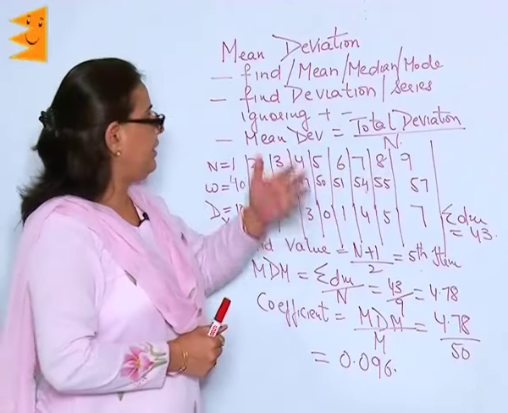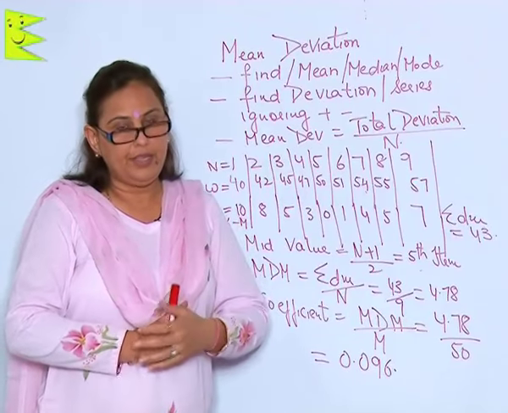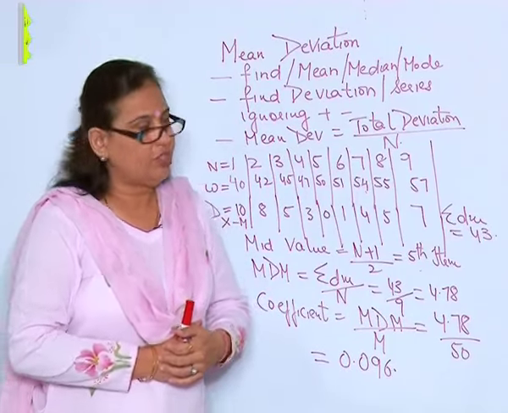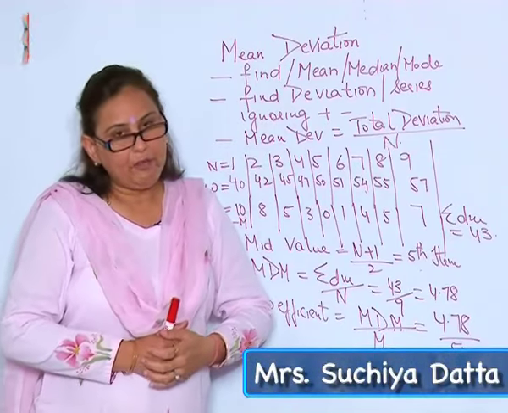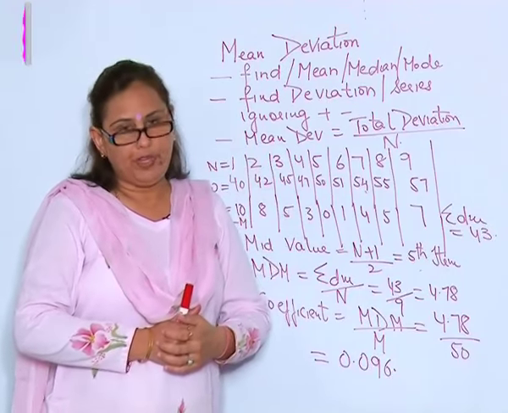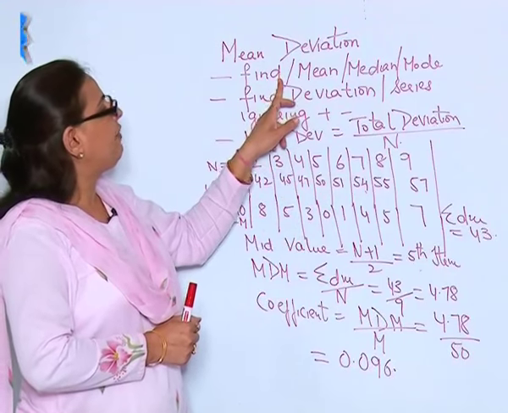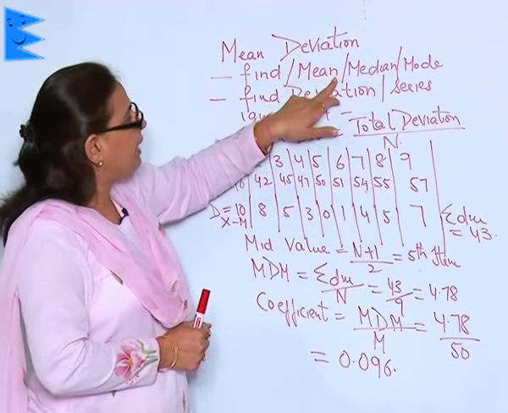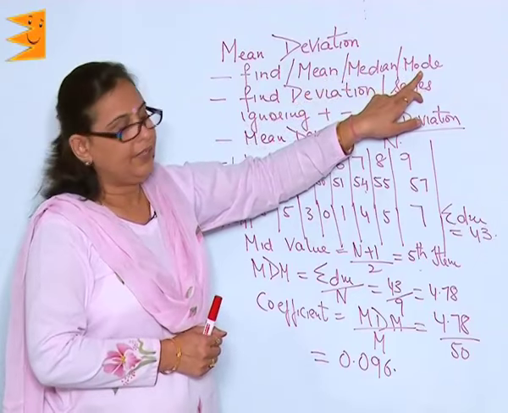Now, let me teach you about the third method of measuring the measures of dispersion, and that is the mean deviation. When we have to find out the mean deviation, the steps we have to keep in mind are that we first of all find out either the mean or the median or the mode of the series.